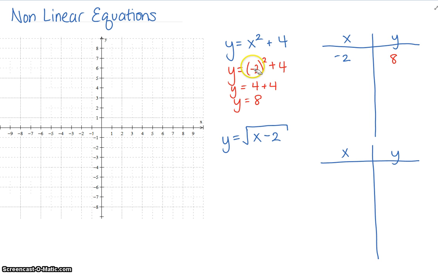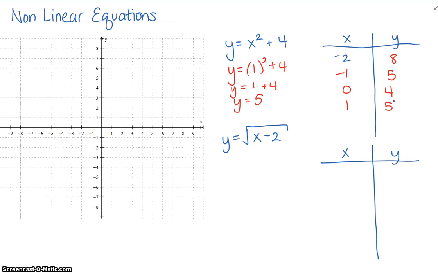If we continue this through, and let's say we try -1 next. -1 squared becomes 1. 1 plus 4 is then 5. If we plug in 0, we're going to get 4. If we plug in 1, 1 squared becomes 1, 1 plus 4 becomes 5.